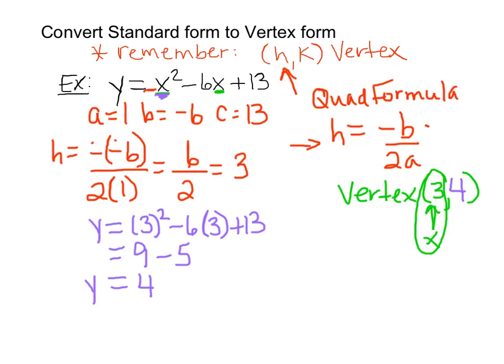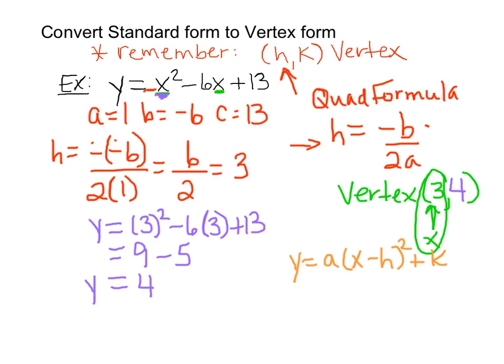Okay, so now let's go ahead and fill in what the vertex form is going to look like. My generic vertex form is y equals a times (x minus h) quantity squared plus k.